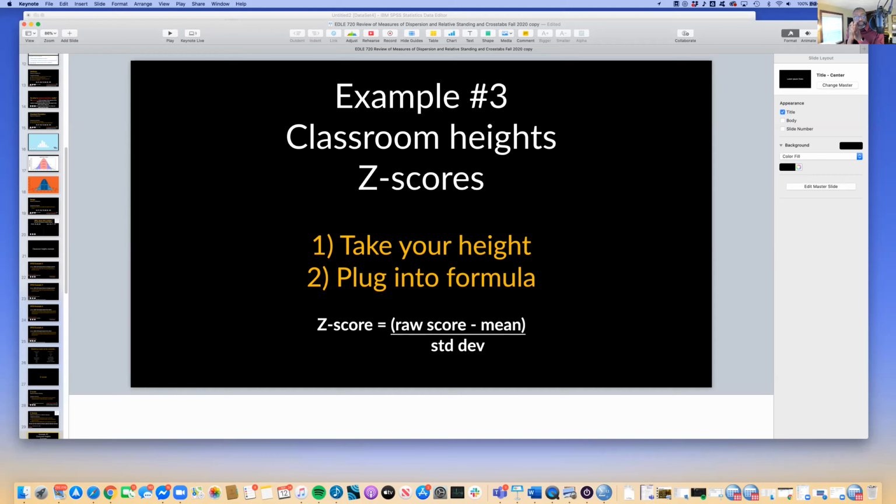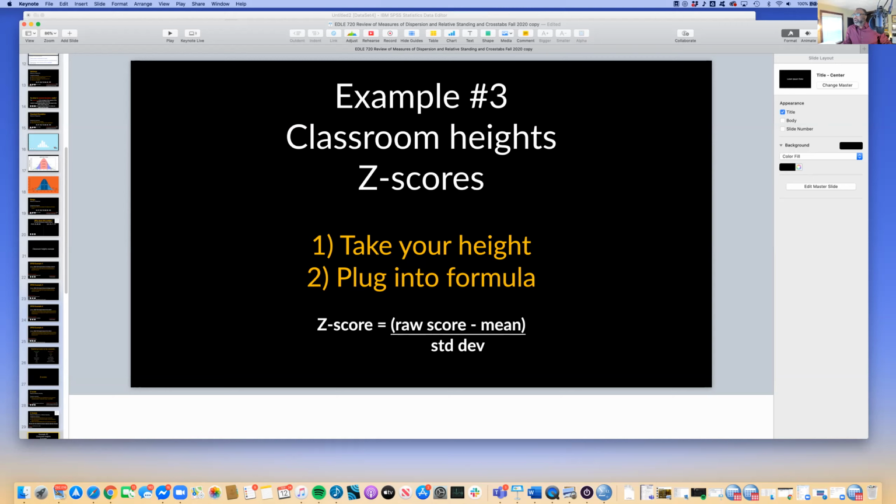And that's going to convert your raw score into a standardized z-score, or a representative of how many standard deviations you are from the mean. Now, if that number was 4 or 5, then that would show that you're extraordinarily much taller than the rest of your classmates.